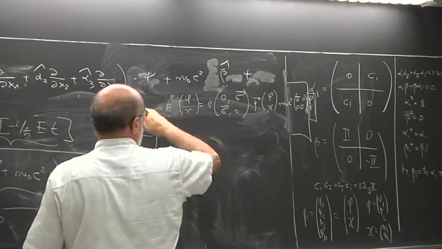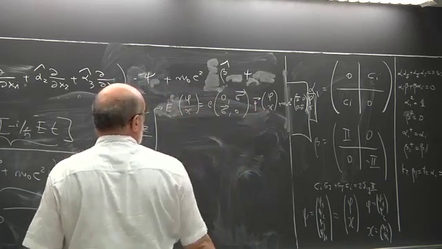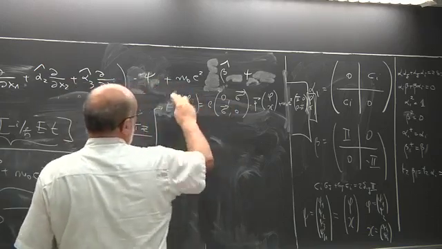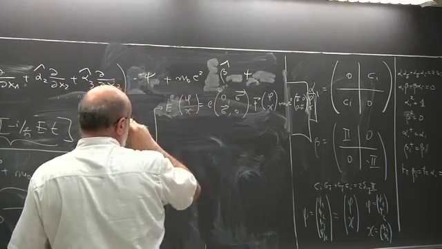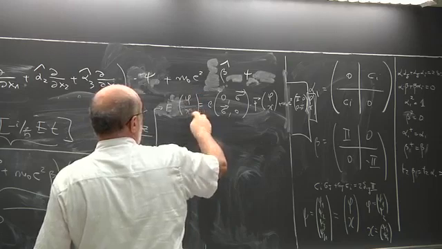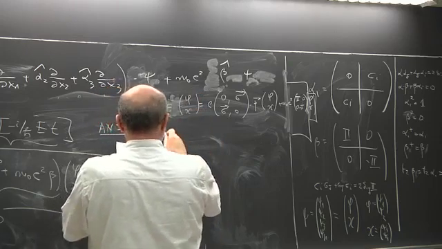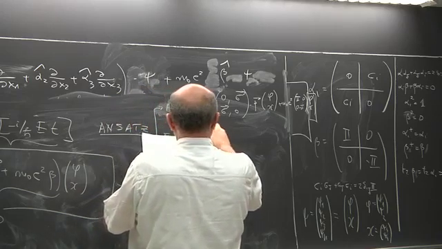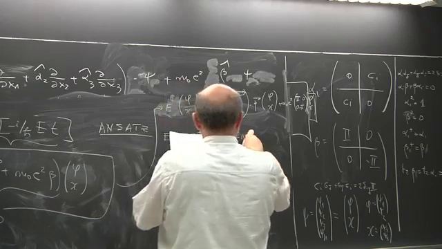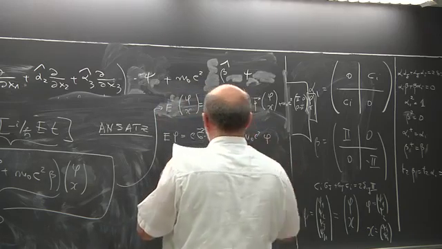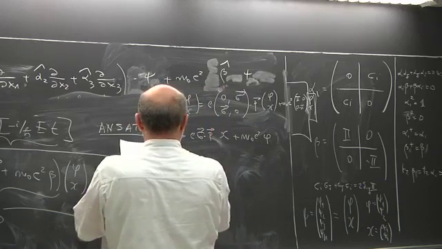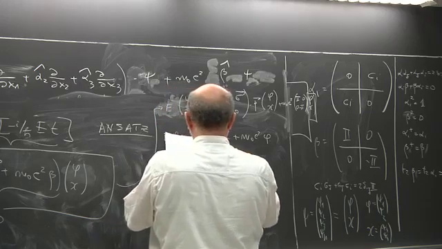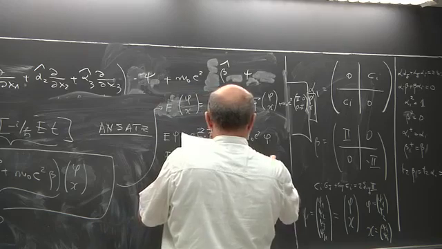So now you equate the upper 2 components and the lower 2 components on the left and the right hand side. This is a 4-dimensional thing, but if you work out the components, you will have an upper 2 component and a lower 2 component, and the equations you get are 2 equations. E phi equals C sigma dot P chi plus m0 c square phi, and then you have E chi equals C sigma dot P phi minus m0 c square chi.